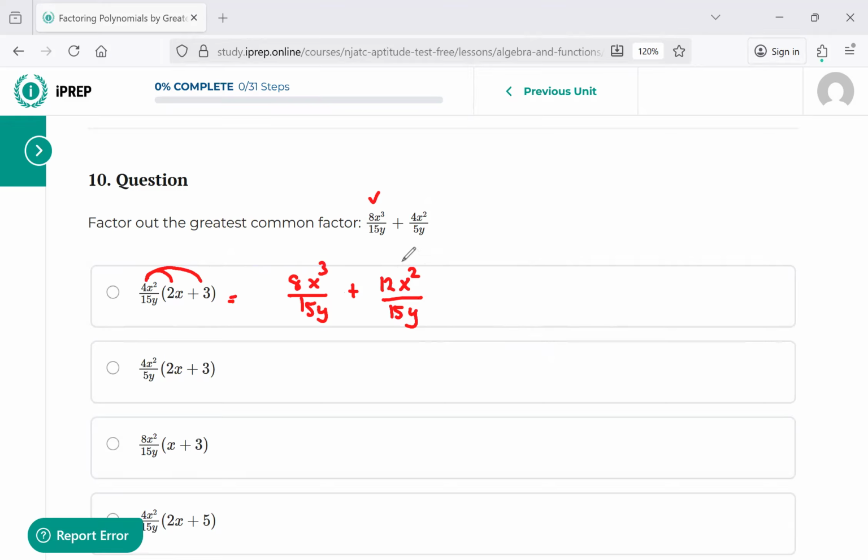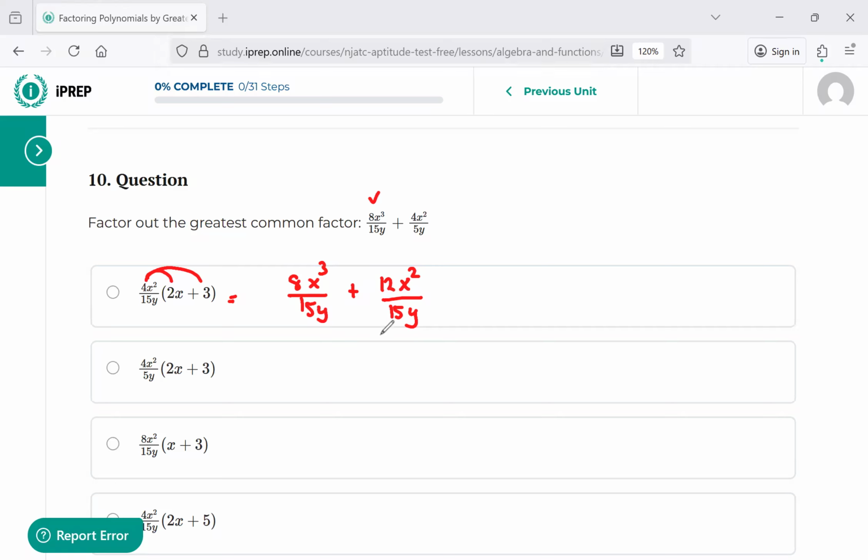Is this our answer? Let's think about it. Over here, this is fine exactly. But what about here? 12x squared over 15y. Can you reduce this? The 12 and the 15. I think it could be reduced by 3.